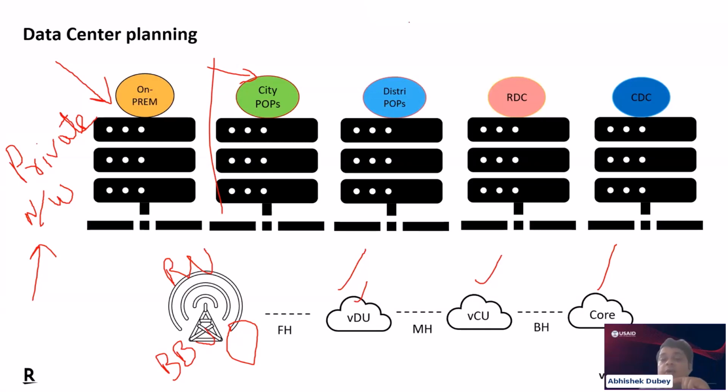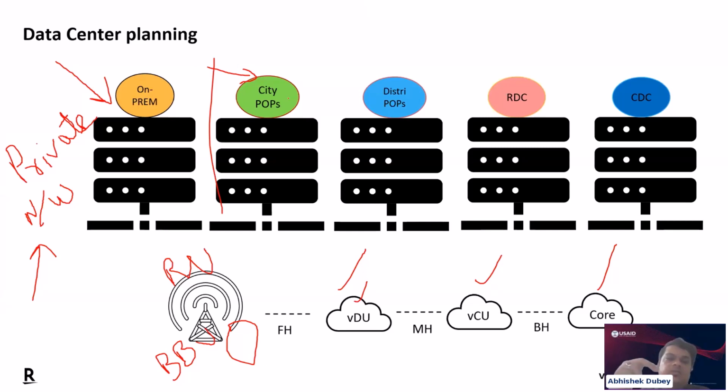Okay. Now each rack has its capability based on the power which it can offer for the servers, and each server consumes a defined power. Let's say at a certain load, 100% or 60% load, one server is consuming 500 watt power, and total power for one rack is 10 kilowatt.